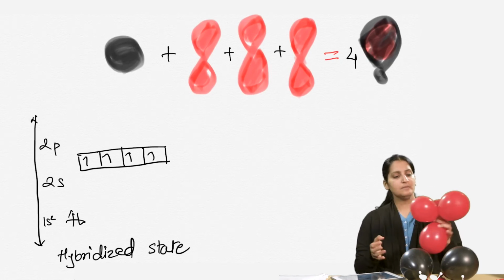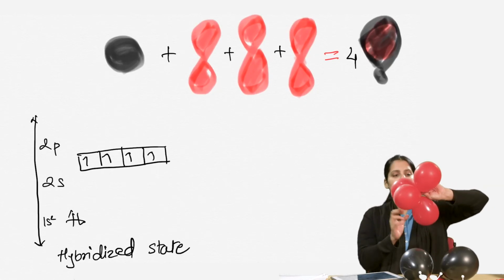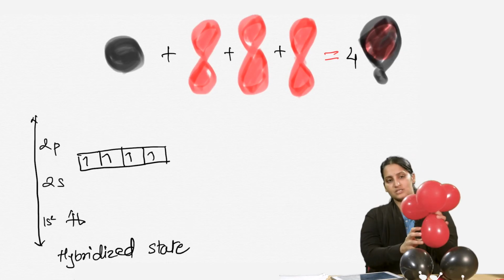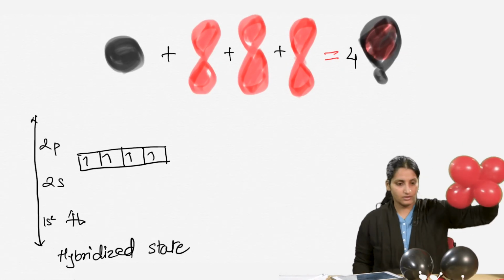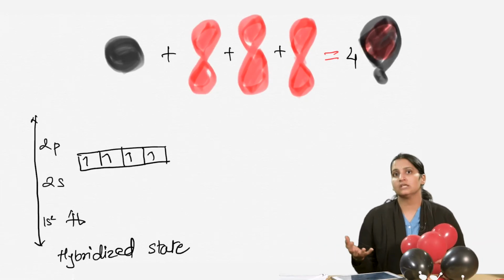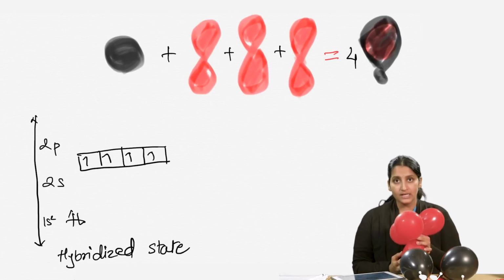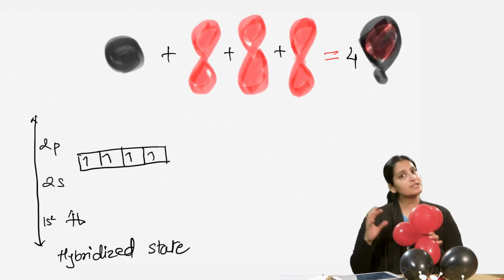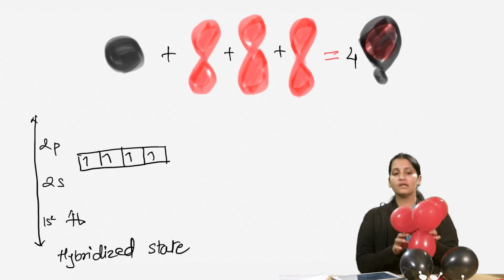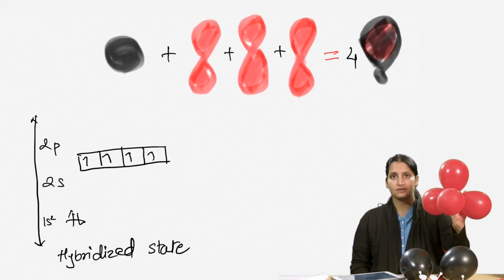So, as you can see, in order for me to hold these 4 orbitals such that they are stable or farthest away from each other, what I give rise to is a shape closer to that of a tetrahedron. In fact, the valence shell electron pair repulsion theory or VSEPR theory says that these hybridized orbitals have to be oriented such that they are farthest apart from each other. So, when I have 4 of these hybridized orbitals, the only way to orient them is in a tetrahedral fashion or something like this.